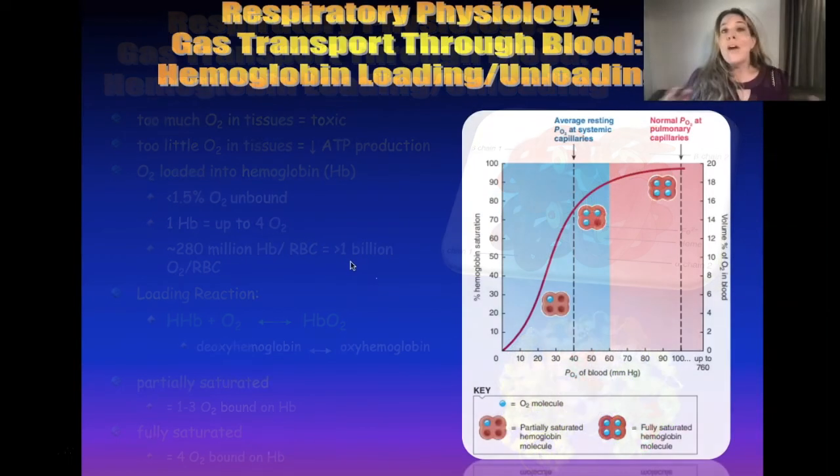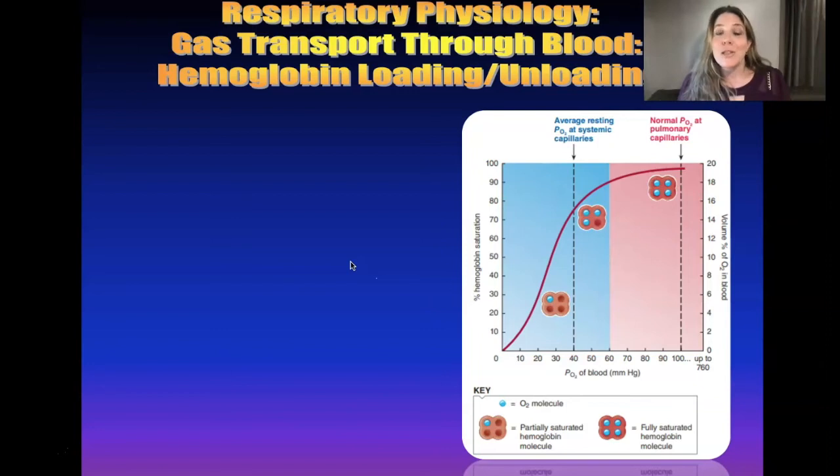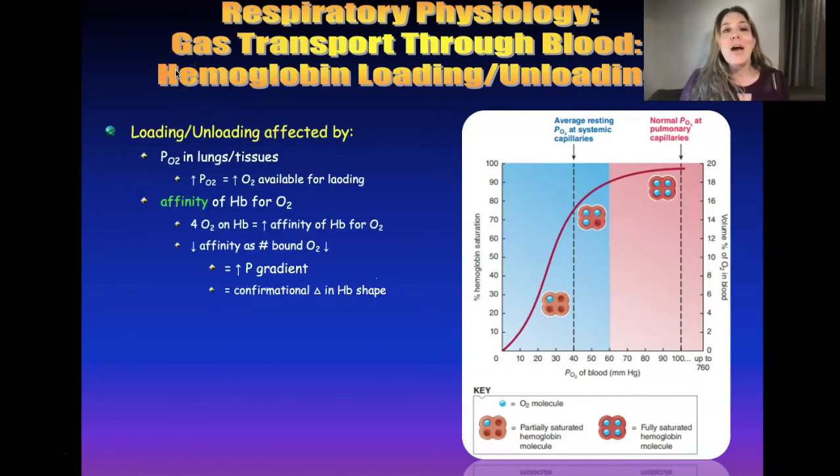Now, of course, there are things that can affect loading and unloading of hemoglobin and therefore affect gas transport through the blood. Recall that when you breathe in, the pressure of oxygen in your alveoli is going to be very high compared to the pressure of oxygen in the pulmonary capillaries.